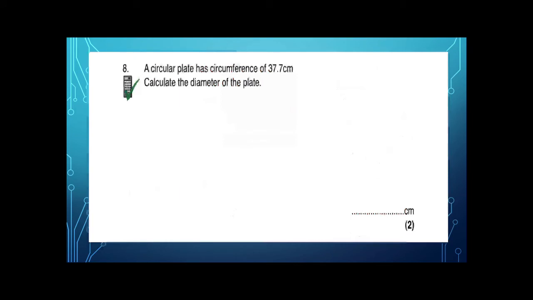A circular plate has circumference 37.7 centimeters. Calculate the diameter. So this time we are given the circumference, the distance around this circular plate, and we've been asked to find the diameter. Okay, we're going to write down the formula. C is approximately equal to pi times d.